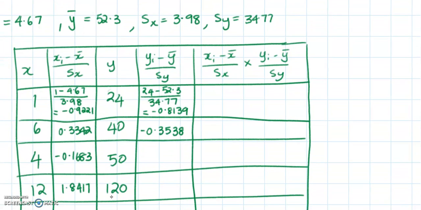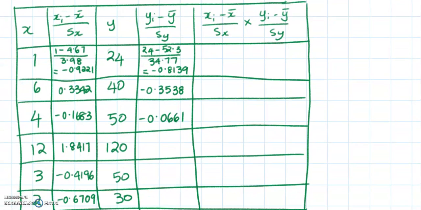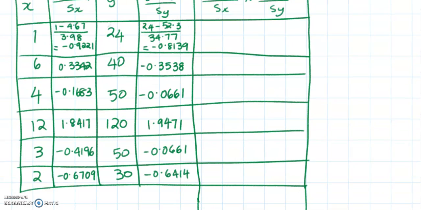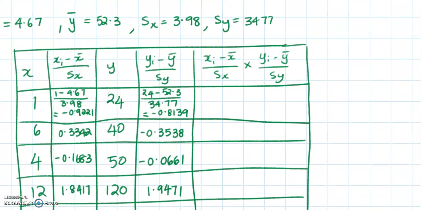Same process for the next few: negative 0.0661, 1.9471, and negative 0.6414.